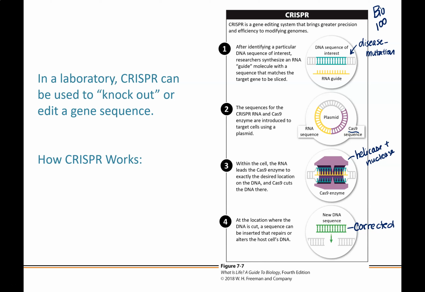If you're going to use this as a knockout, you would still use your RNA guide, and you would allow your Cas9 system to cut your DNA. So then you have this broken piece of DNA.